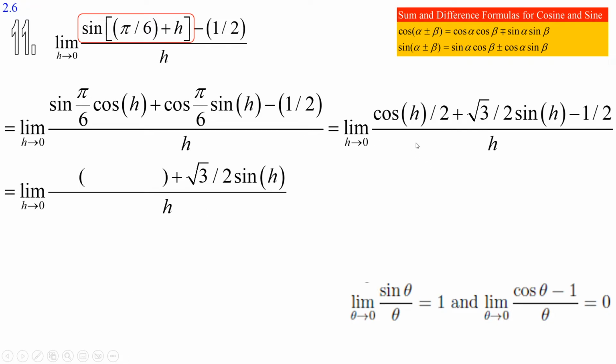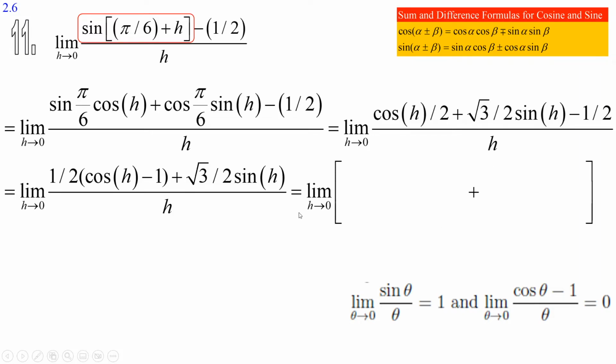Okay, so let's factor a 1/2 out of the first term and the last term, and that will give me a cosine of h, and then a minus 1/2, a minus 1 right there. Now let's divide this into two separate fractions.